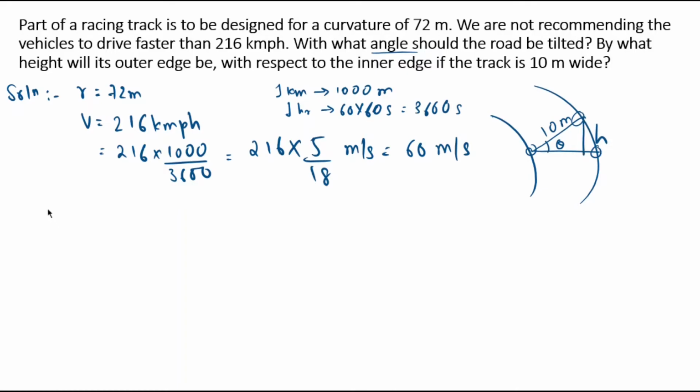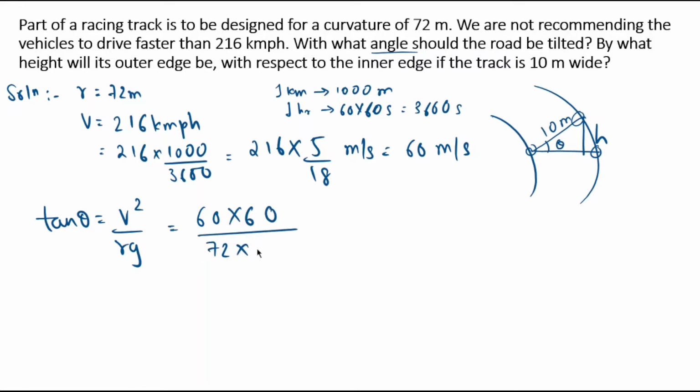So in order to find out the angle, we know one formula, that is tan theta is equal to v square upon rg. So we know the value of v is 60 meter per second, v square will be 60 into 60 upon r is 72 meters, and g, let's take for simplicity 10.